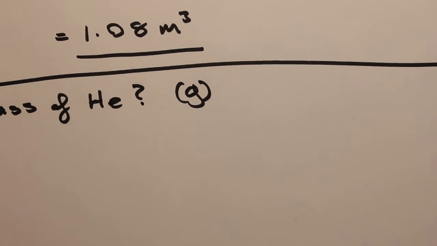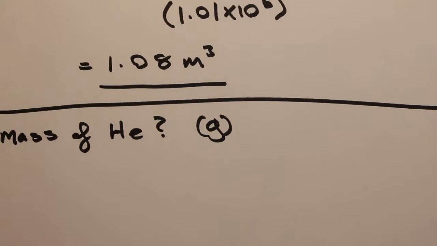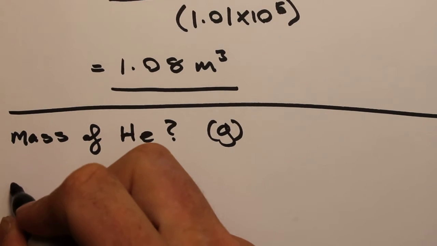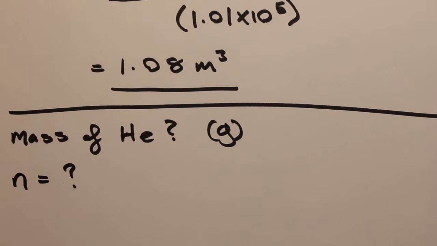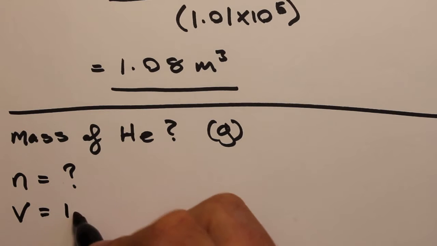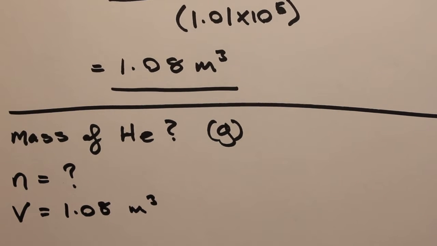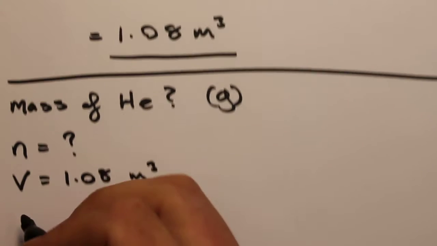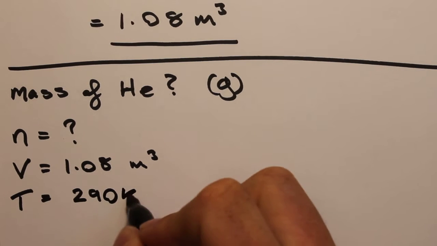But we can't work directly into grams. First, we're going to have to look for the number of moles and change that into grams. So n is equal to a question mark. Our volume is equal to 1.08 meters cubed from the last question. Same volume, same temperature is equal to 290 Kelvin.